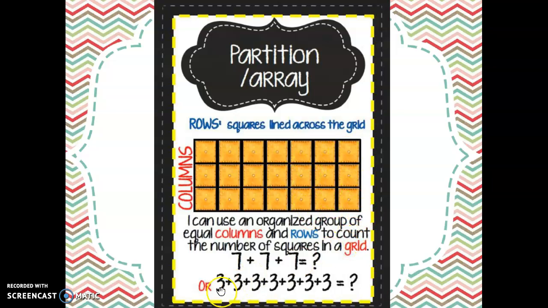We have 7 3s. All right, and 3 plus 3 plus 3 plus 3 plus 3 plus 3 plus 3 equals 21. The same as 7 plus 7 plus 7. And we're going to learn more about this and how to arrange it throughout the week.